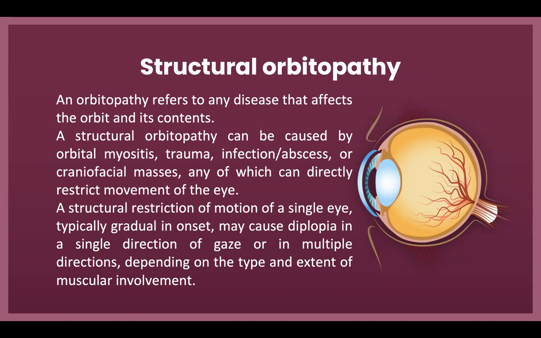Like if you have myositis, problem in the extraocular muscles, inflammation or pathology, any trauma, infection or abscess, swelling pushing the globe, any craniofacial mass, or any pathology restricting the movement of the eye. This is what's called structural orbitopathy.